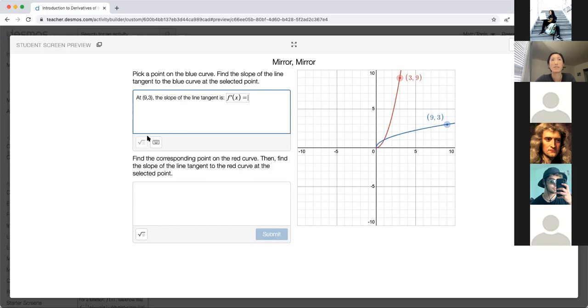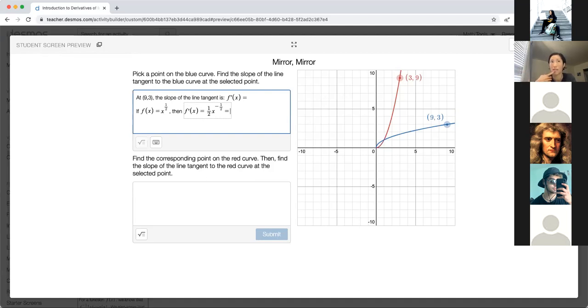Right, if f of x equals x to the power of 1/2, then f prime of x equals 1/2 x to the power of negative 1/2. I'm going to ask us to rewrite this without negative exponents and without fractional exponents.